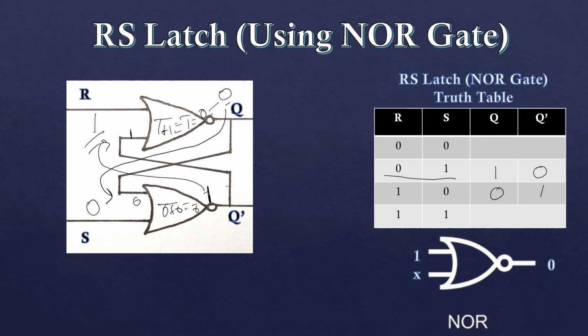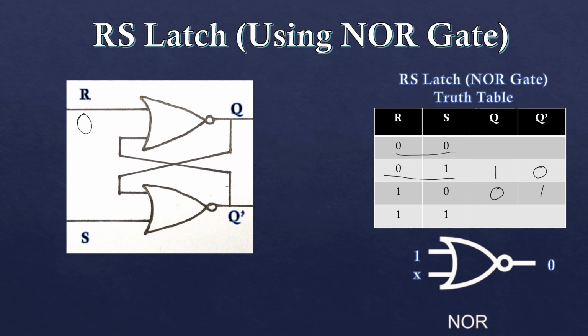Now we'll consider the 0 and 0 case, when R value is 0 and S value is 0. You know that if either input is 1, then the output is surely 0. But if both R and S are 0, let us consider that for the first gate, the Q bar value will come as the input. 0 plus Q bar, whole bar, is Q bar double bar, which is Q itself.